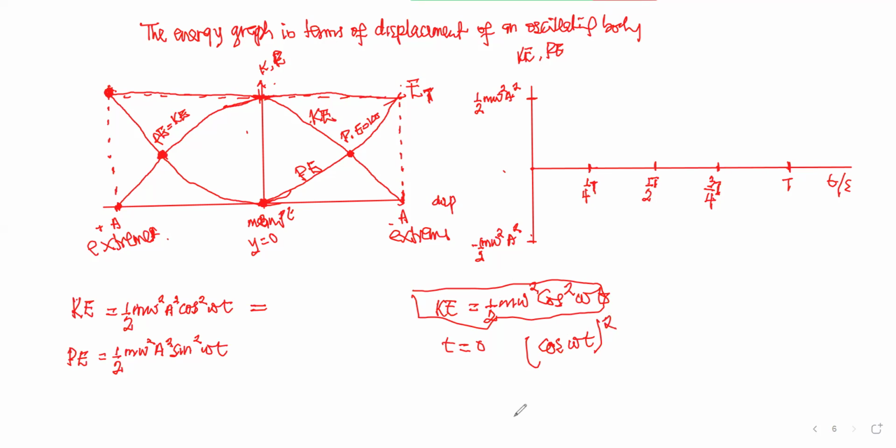Yes, Elizabeth, when t is equal to 0, what will be KE? Okay, Rafa, when t is 0, what will be KE? It will be half m omega squared, so it will be equal to the maximum kinetic energy. Yes, this part.